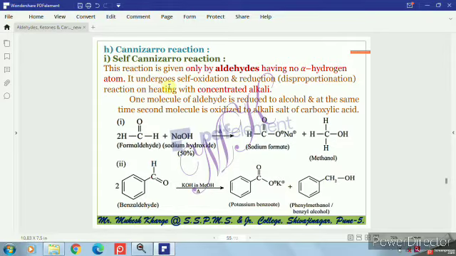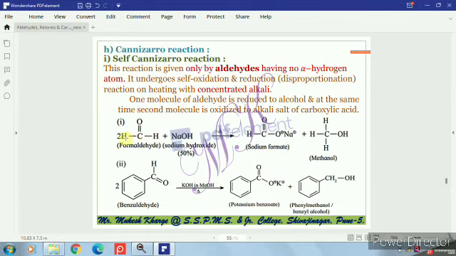And here we require a concentrated alkali, near about 50% NaOH or KOH. So these three conditions are important in the Cannizzaro reaction. Your aldehyde does not contain alpha hydrogen, it undergoes self oxidation reduction, and it requires a strong base, concentrated alkali.